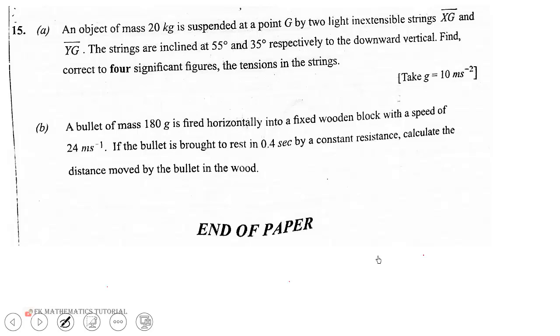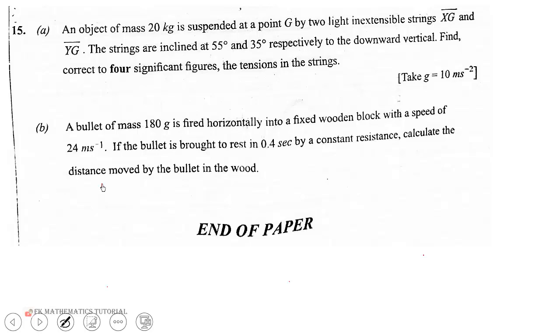Alright, so a bullet of mass 180 grams is fired horizontally into a fixed wooden block with a speed of 24 meters per second. If the bullet is brought to rest in 0.4 seconds by a constant resistance, calculate the distance moved by the bullet in the wood. So we know that we can use this equation to calculate this.